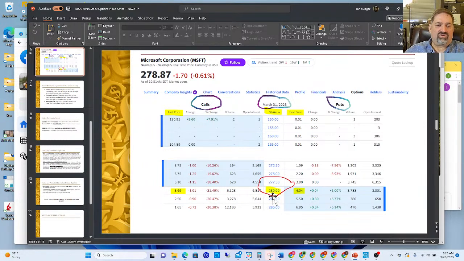But if it jumps to 500, that's $220. So you would be sitting on $220 per share. So that's 220 times 100. Actually you'd be sitting on 220 plus $3.69 times 100. And you could turn around and this option will be worth that much, $220 more than it is right now.